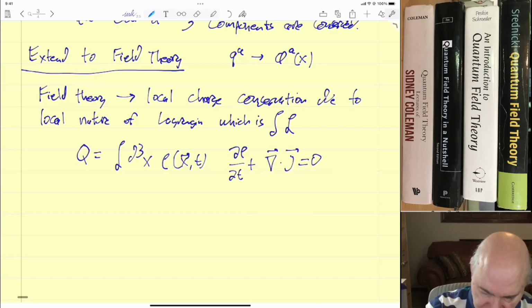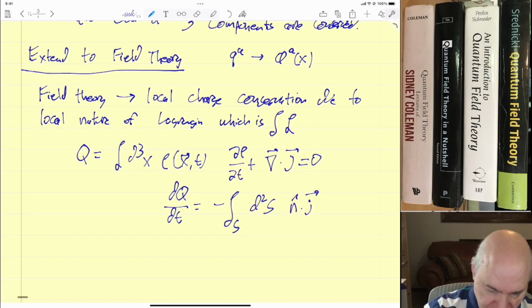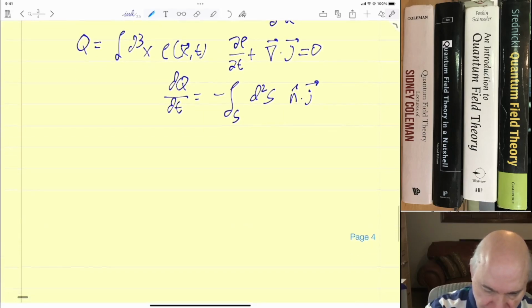And if charge is flowing, we'll get dQ/dt equal to minus, from the divergence theorem, Gauss's theorem, minus the integral. Oops. I'm sure you're all familiar with this from electromagnetism.